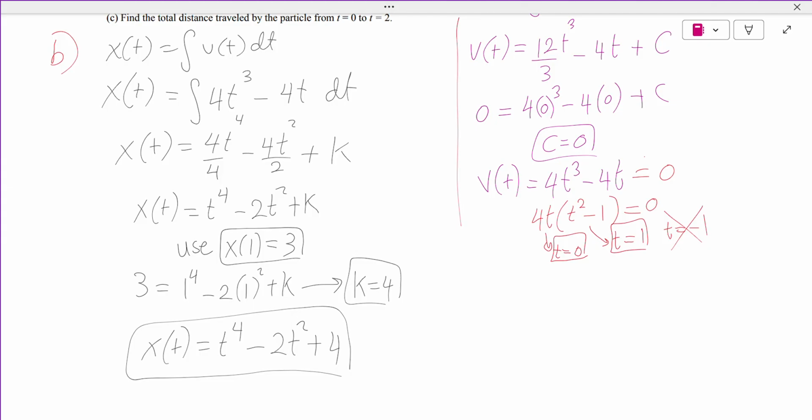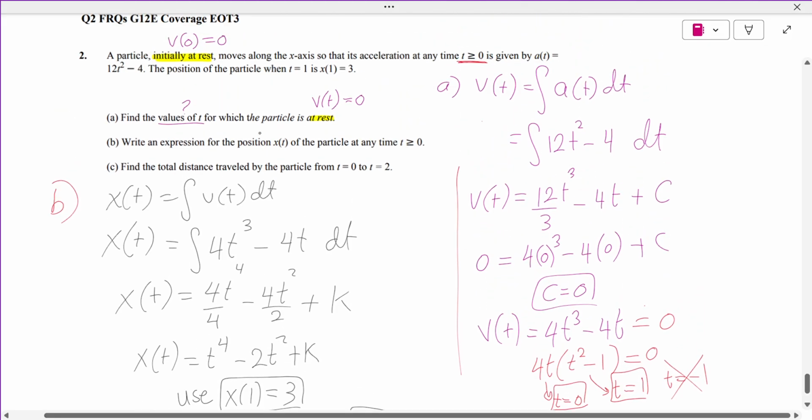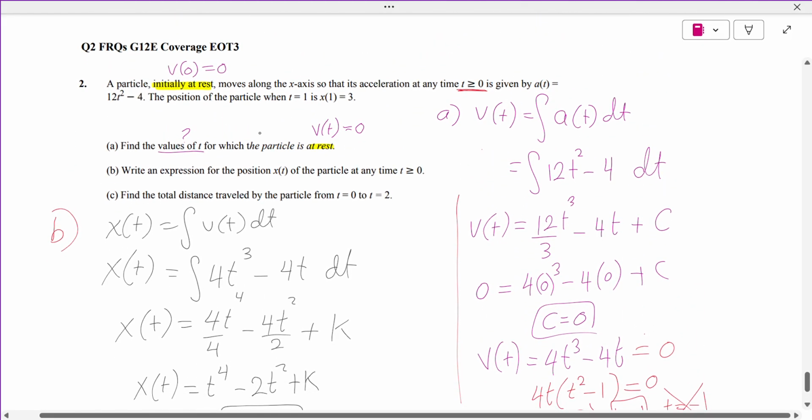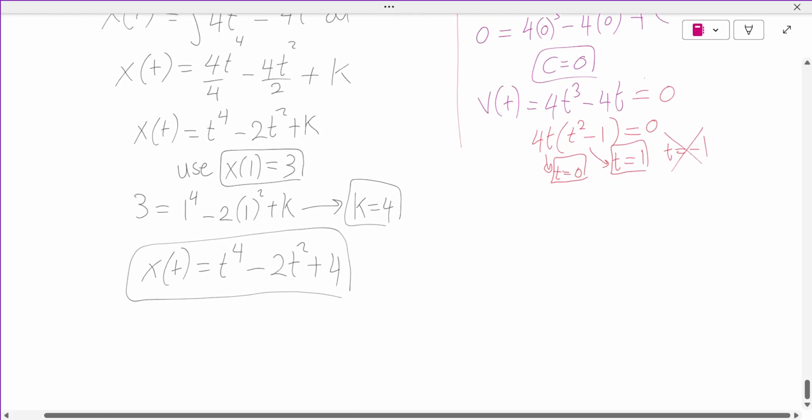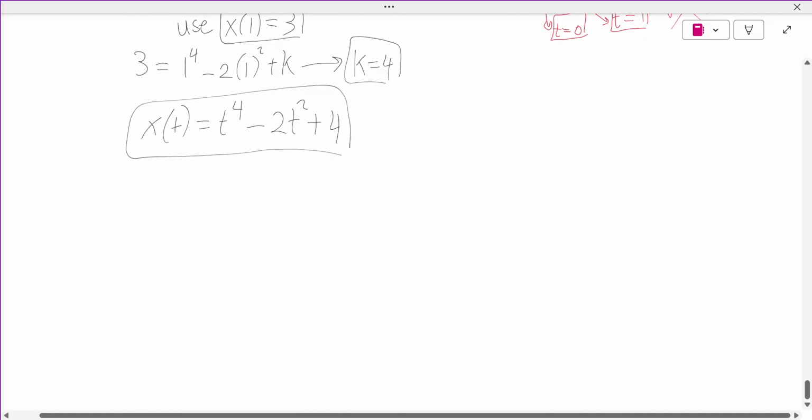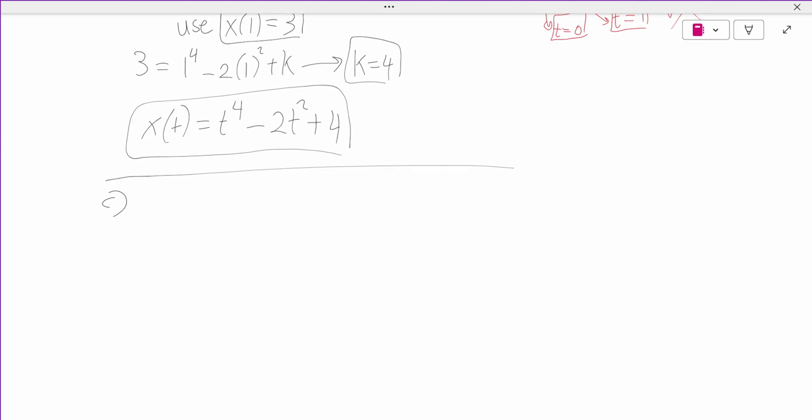So, let's look at the last part, part C. Find the total distance traveled by the particle for the time interval from 0 to 2. Okay, we need to find the total distance the particle traveled from 0 to 2.